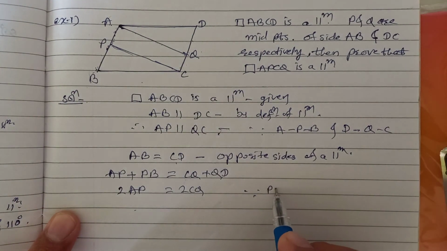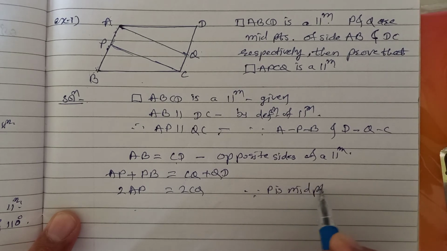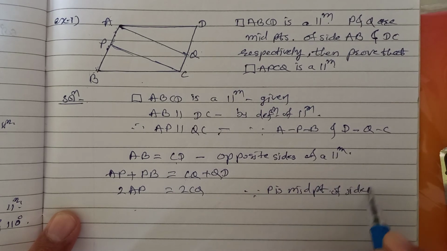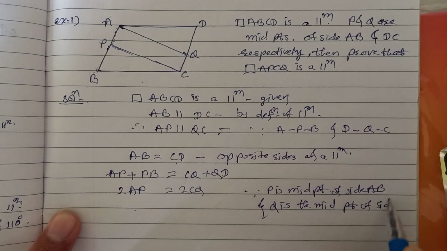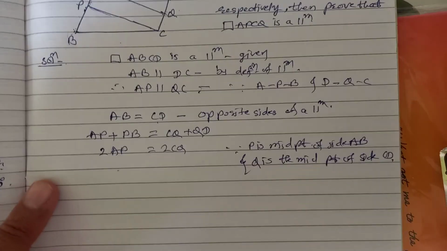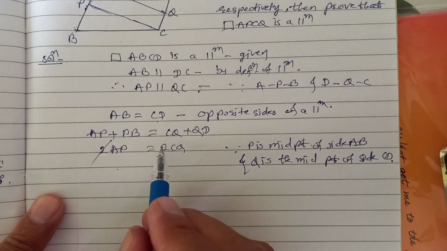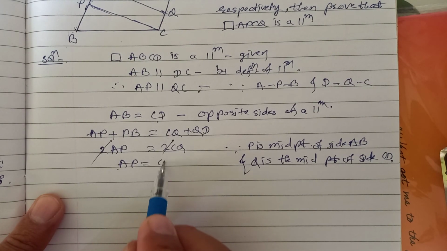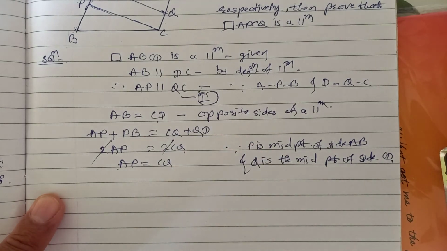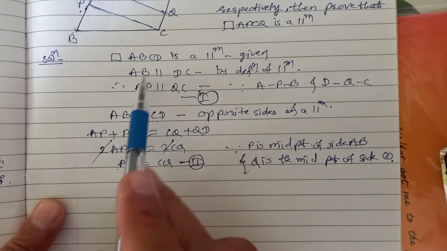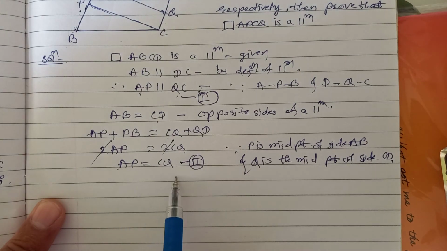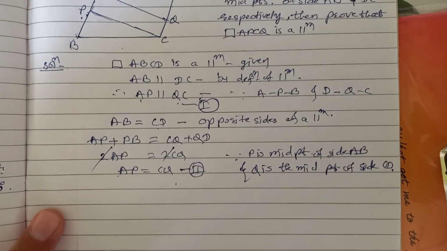P is the midpoint of side AB and Q is the midpoint of side CD. Okay, that is the reason also. So here these two cancel, so what remains? AP is equal to CQ. Suppose this is the first, we have to use, this is the second. Just now you studied the property: if opposite sides APCQ are parallel and congruent, then that is what?